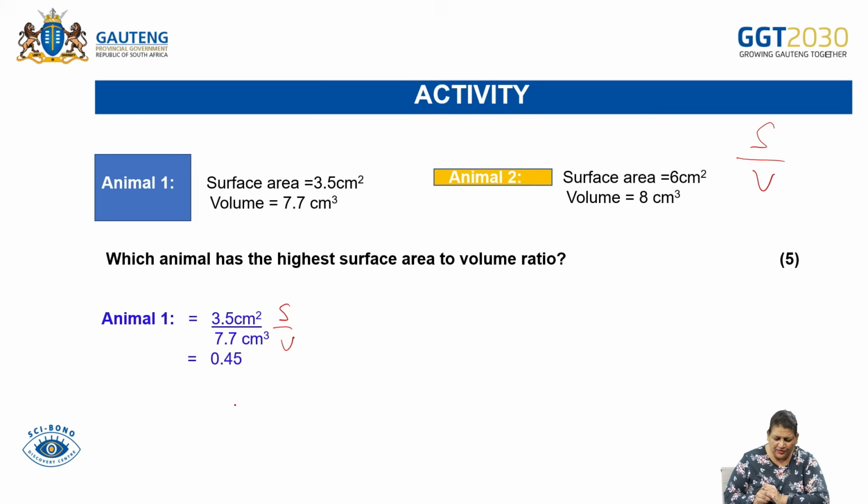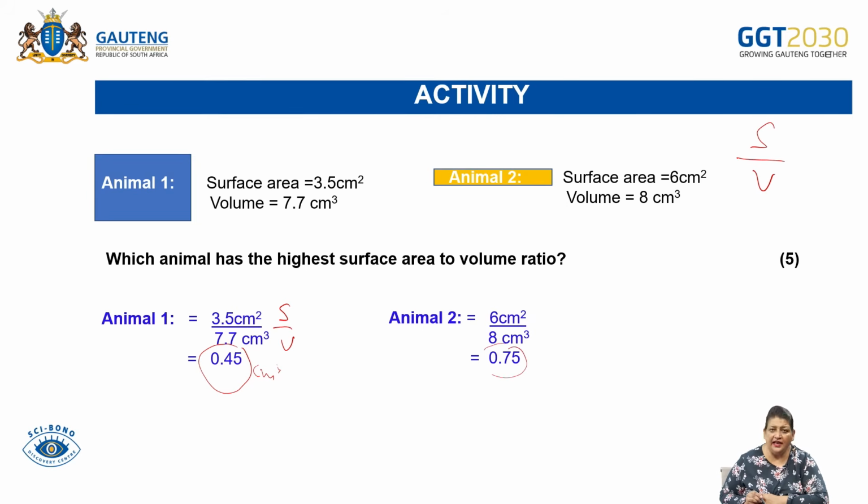And if you work it out, it gives you 0,45. Here now, animal 2, your surface is going to be 6, your volume is going to be 8, and if you work it out, it's 0,75.